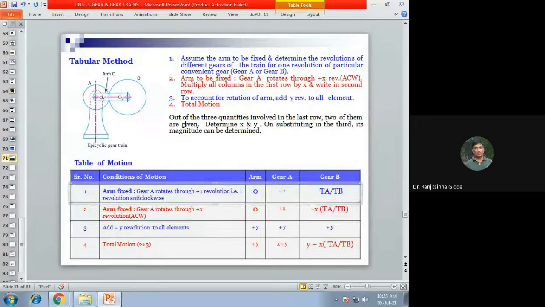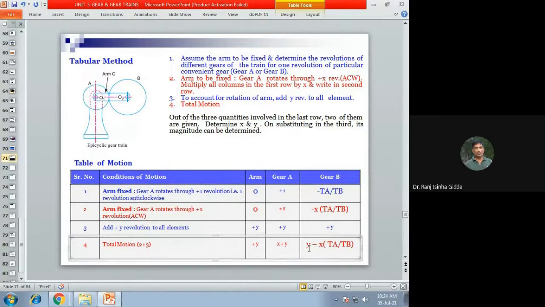Now the total motion, the fourth row, total motion, that is the addition of this second row and third row in respective columns. So 0 plus y, total motion we are going to get plus y. Total motion of arm is equal to plus y. Total motion of gear A is equal to x plus y.